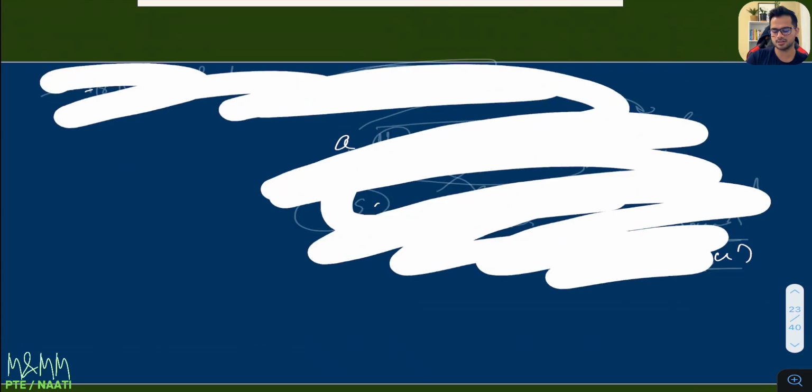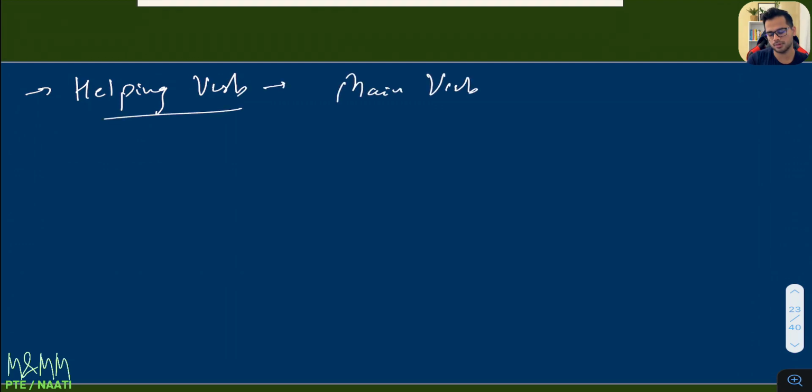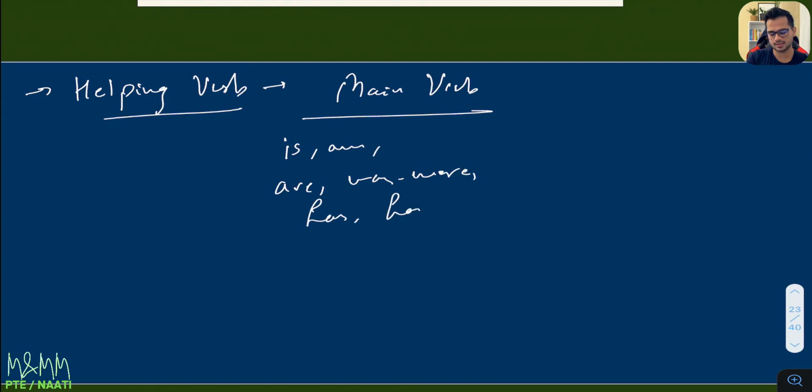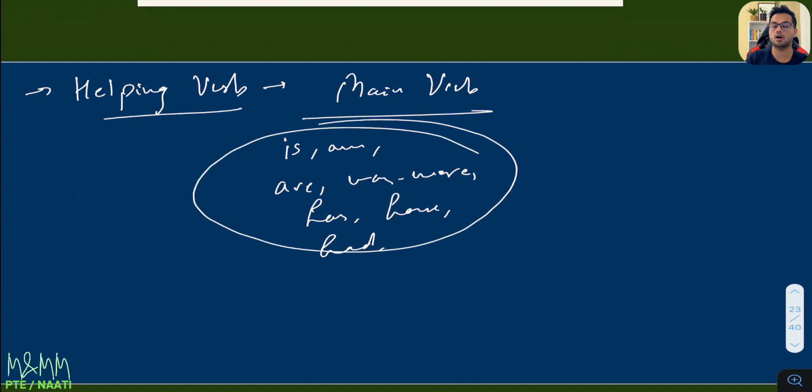Next we have the helping verb followed by the main verb. Helping verbs are words such as is, am, are, was, were, has, have, had. Main verbs are any action words, like fly, flew, eat, sleep, talk.